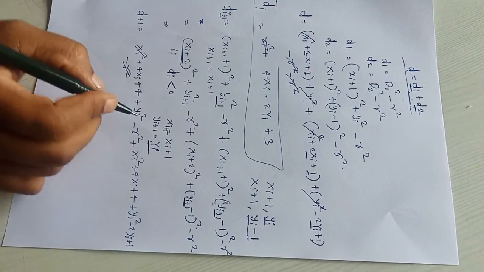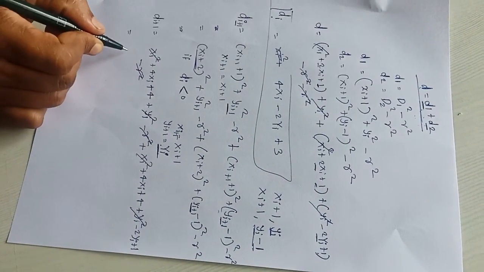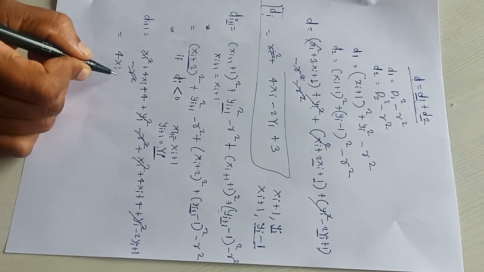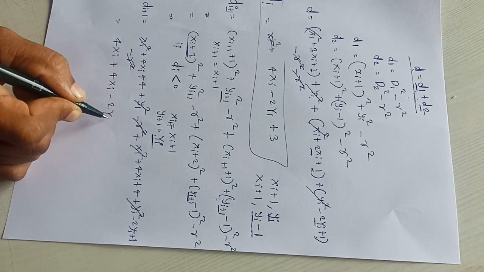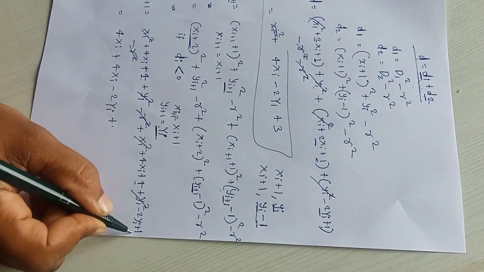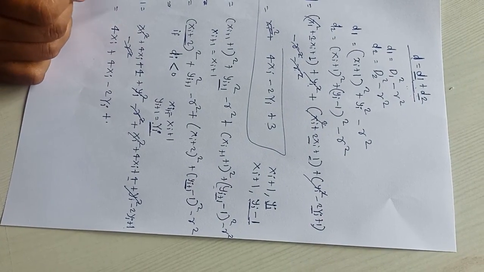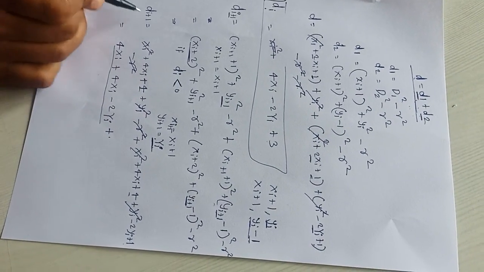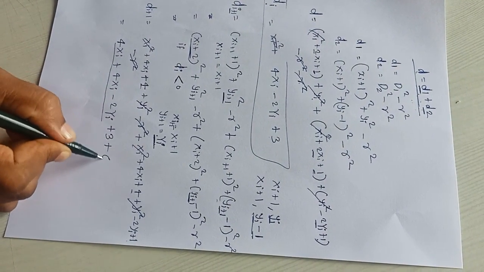Again, as before, all square terms get cancelled. So what is remaining? 4xi + 4xi - 2yi. 4 plus 4 is 8, 8 plus 1 is 9. But we need to display di+1 in terms of di, so I write 3 plus 6.